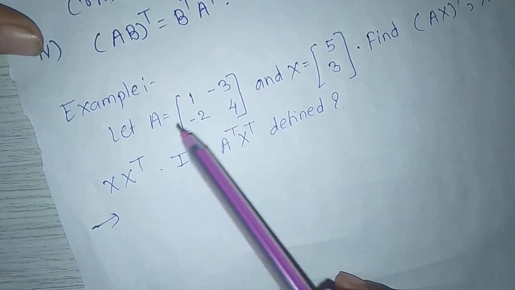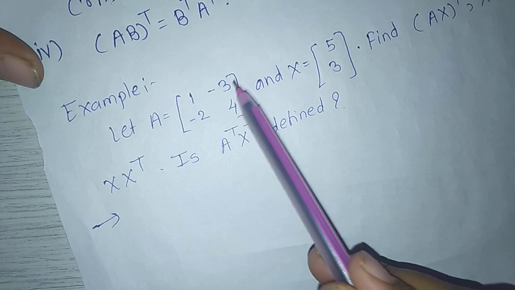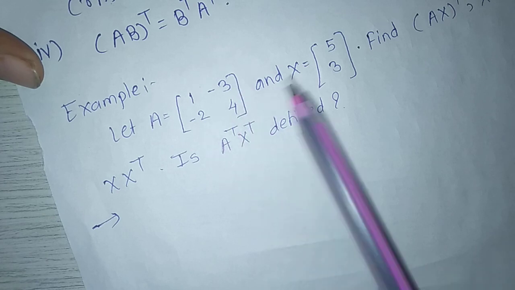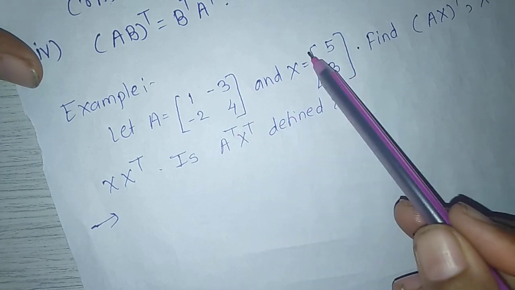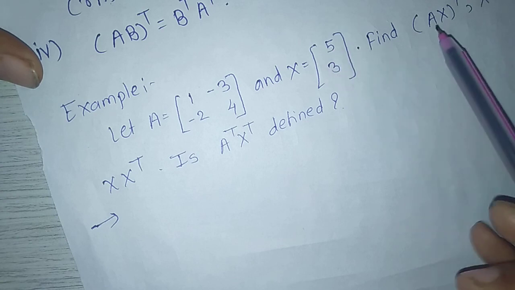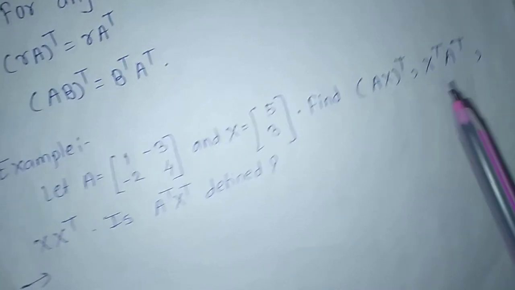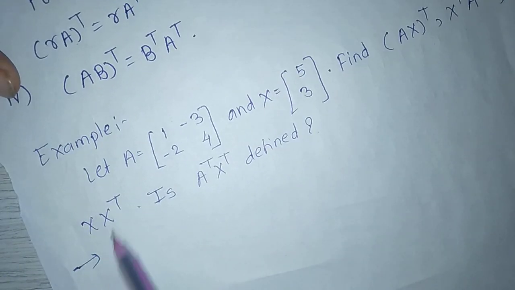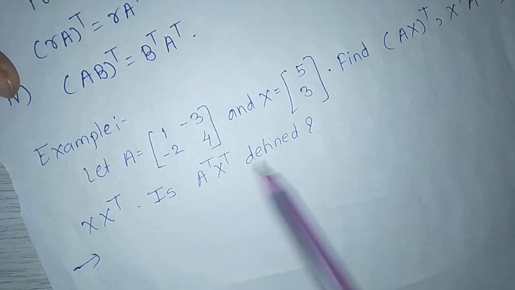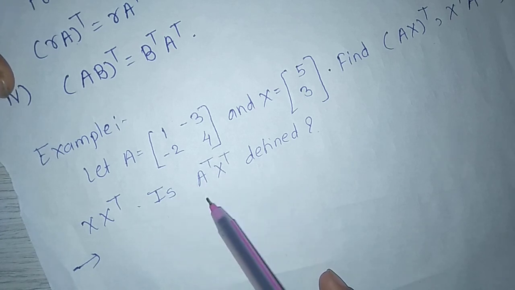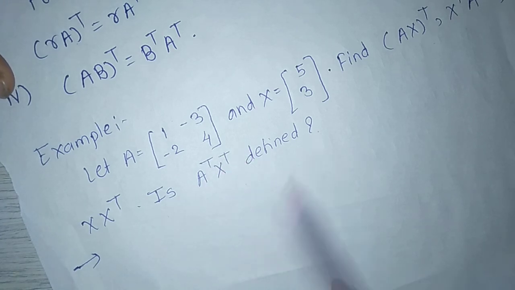Next example, let A equal to 1, minus 3, minus 2, 4 and x equal to column matrix 5, 3. Find A into x whole transpose. Next x transpose into A transpose. Next x into x transpose. And next question is A transpose into x transpose defined?